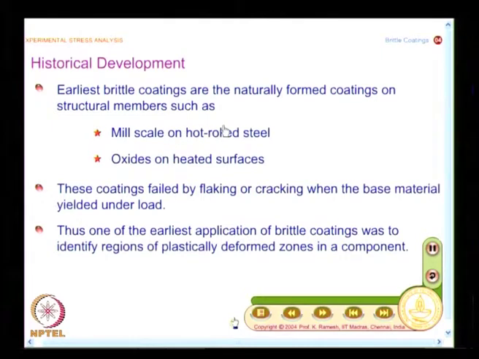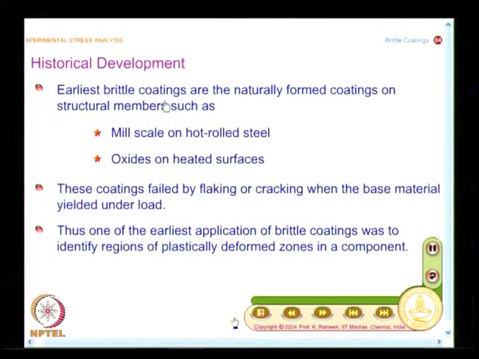We will see that in more detail, and if we really look at what was the first application of brittle coatings, it was applied to find out when the material has yielded, and this was seen on mill scale on hot rolled steel. The coatings are naturally formed on structural members. When you do a hot rolling process, you will have a mill scale on the hot rolled steel, and you also had formation of oxides on heated surfaces.